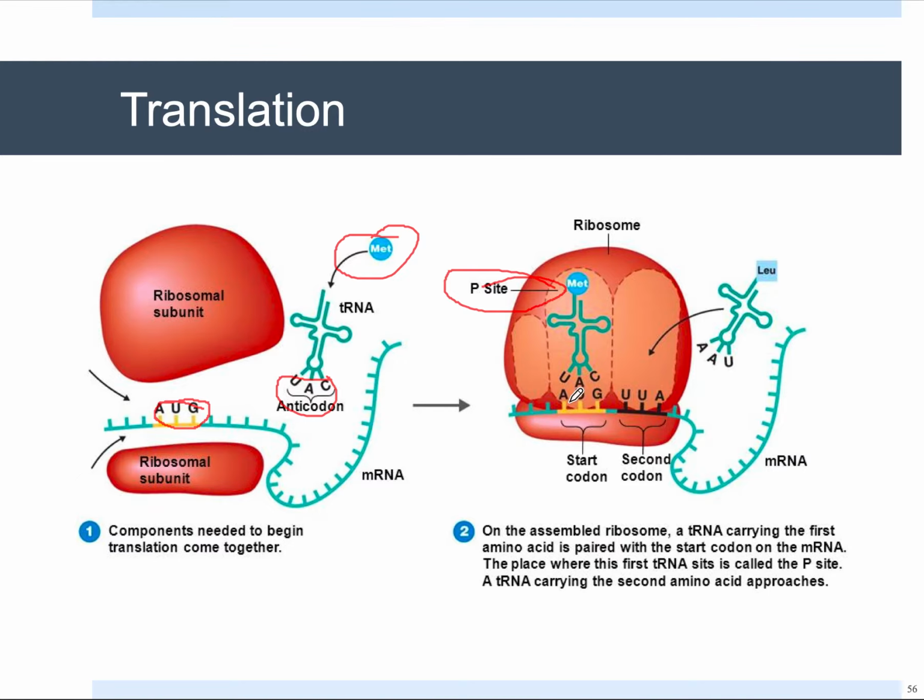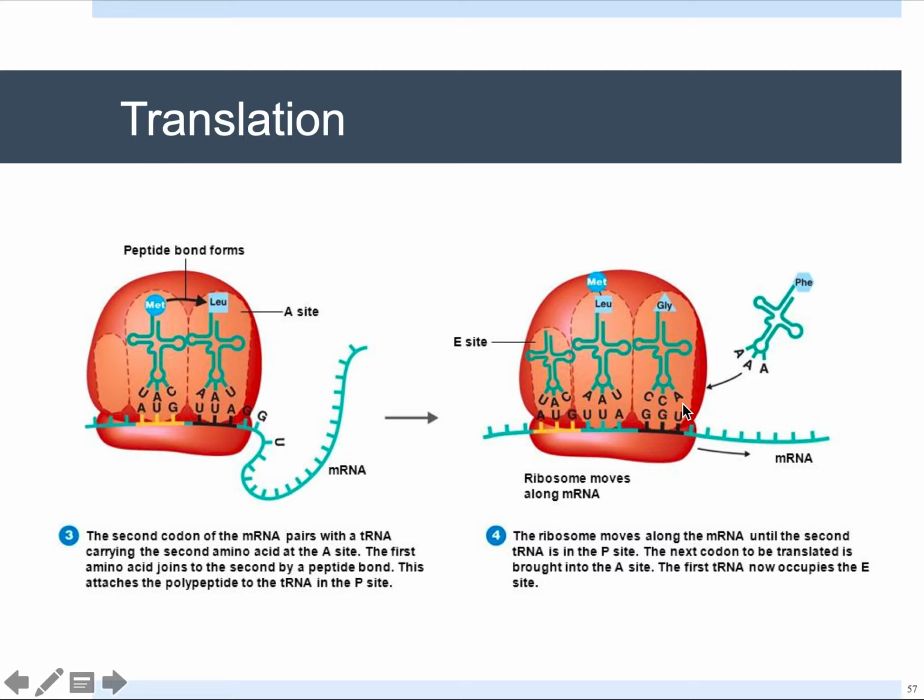on the messenger RNA. You would have a second transfer RNA also come in, bringing another amino acid, and the anticodons would also be complementary to the second codon on the messenger RNA, so that it can attach over here. Now, the site that the second transfer RNA will attach to is known as the A site.